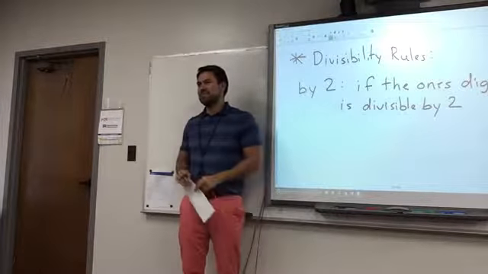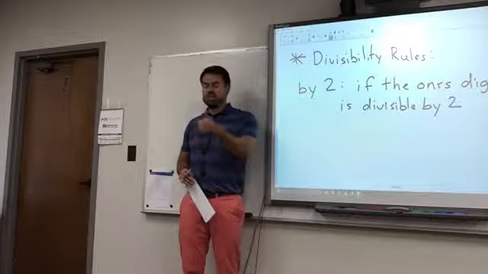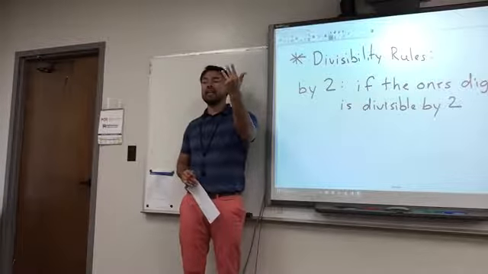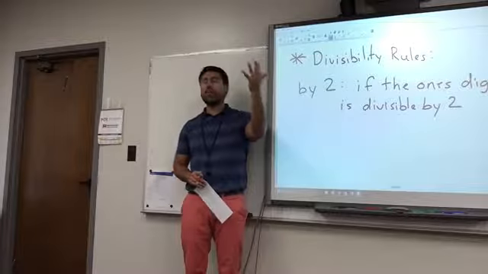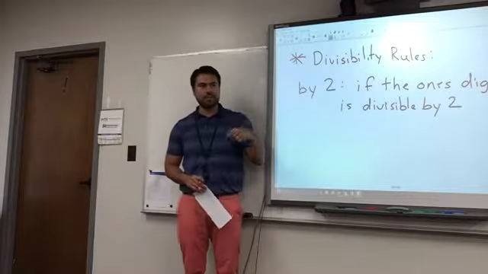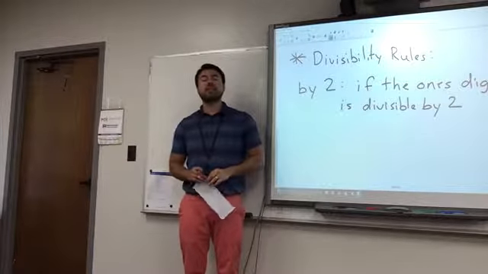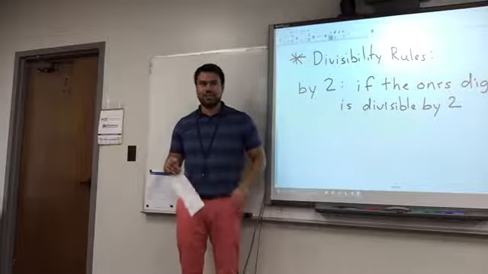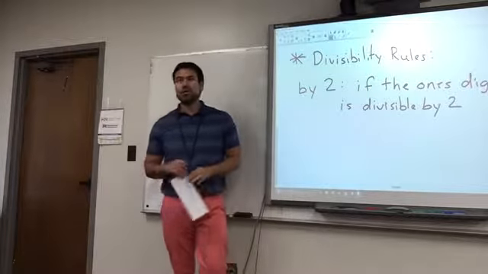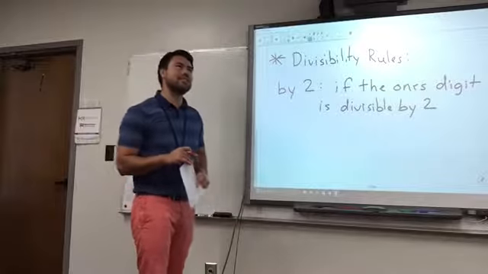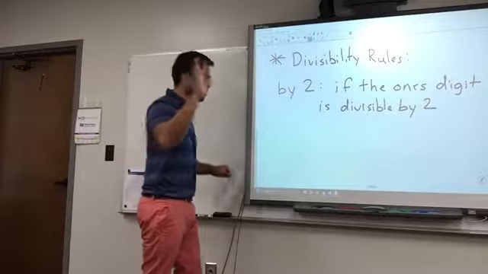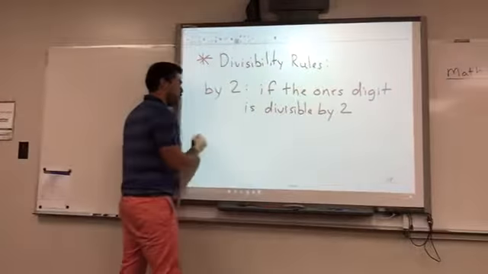Jake? 2, 4, 6, 8. 2, 4, 6, 8, and there's a special one. 0. 0 is divisible by 2. And you're like, wait, what? 0 can be evenly split. Okay? 0 is an even number. And you're like, wait, 0? How does that work? Okay, we'll get to that. I'll try to explain it. But that's the rule for 2.